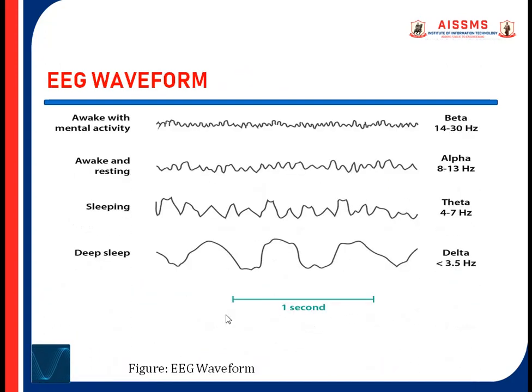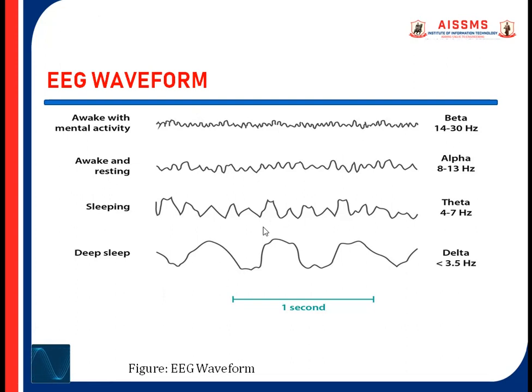EEG waveforms. Brain waves indicate that behavior, emotions, and thoughts are communicated between neurons within our brain. All brain waves are produced by synchronized electrical pulses from masses of neurons communicating with each other. Our brain waves occur at various frequencies.